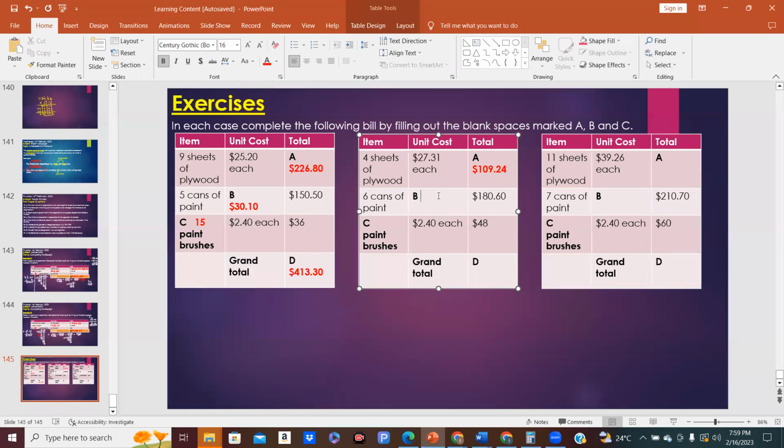27.31 times 4. Say it now. 992. No, no. Yeah, you get that one. Be careful that you're multiplying. Oh, I multiplied wrong. I see. I just added wrong. Be careful. That can happen to the best of us.